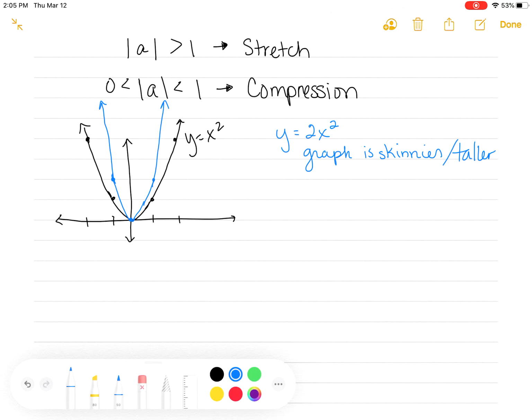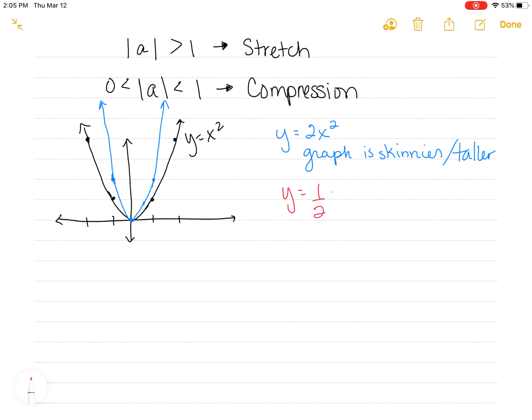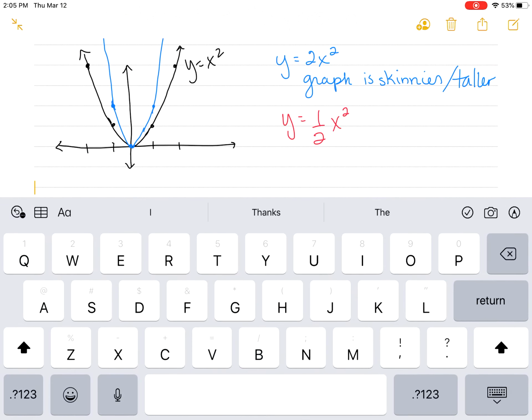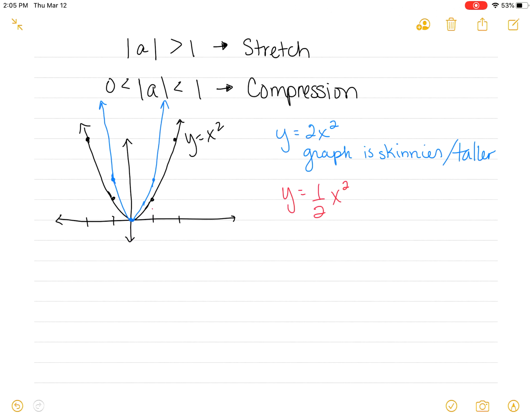Okay. And then if I look at, let's do y equals 1/2 x squared. Instead of being at 1, I'll be at 1/2. And instead of being at 4, I'll be at 2. We can see what's happening. I'll still be at 0, 0. Remember, we looked at these when we looked at transformations before break.